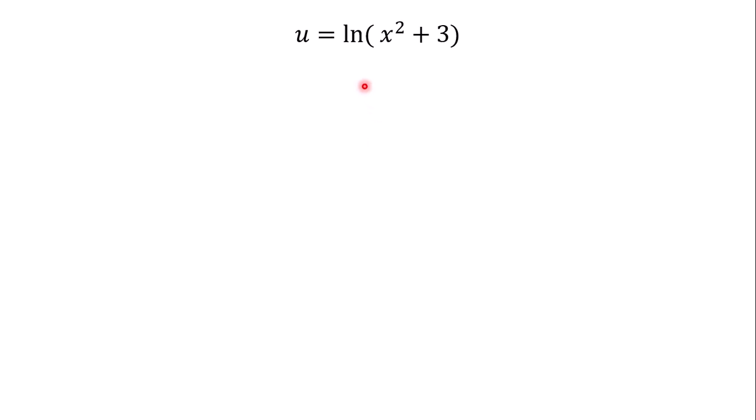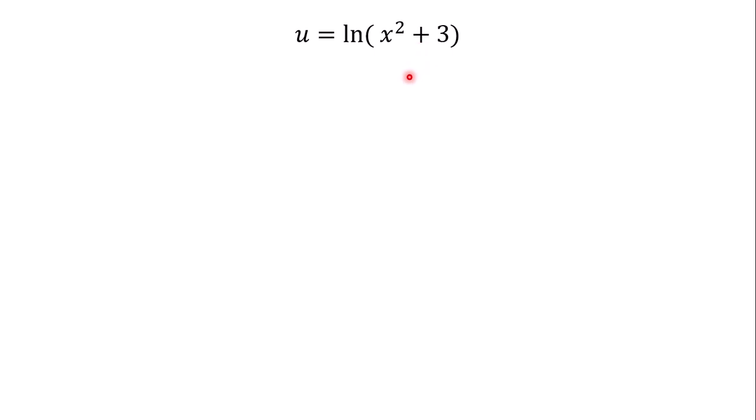Now here we are not going to do another substitution. u is equal to natural log of x squared plus 3. If you want, you can do another substitution whereby you let m be equal to what is in the bracket here.